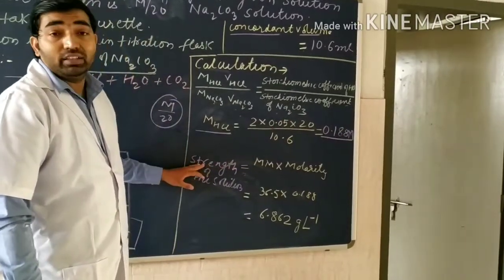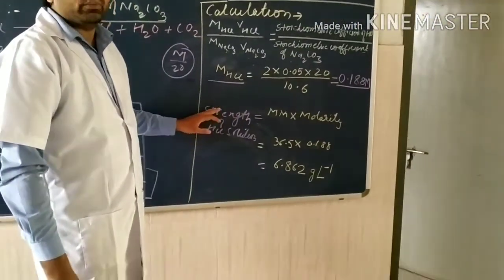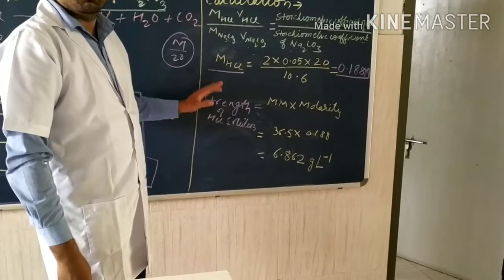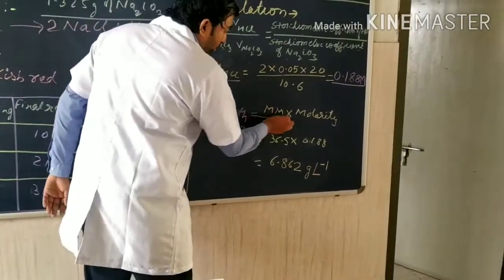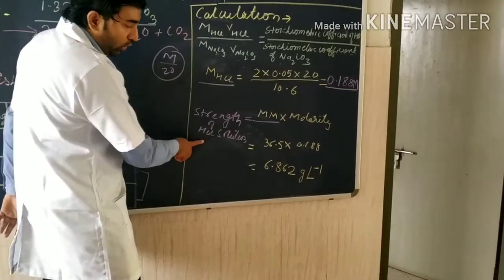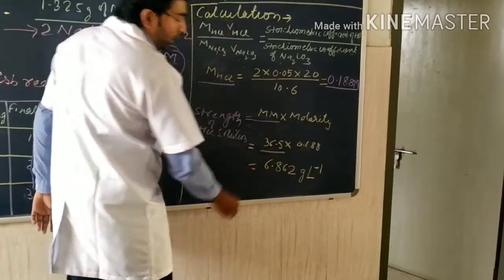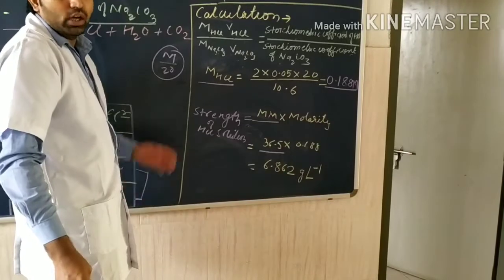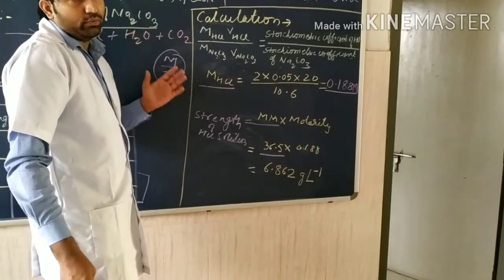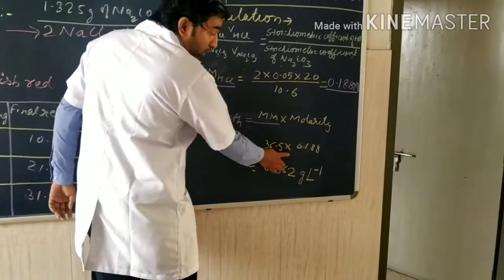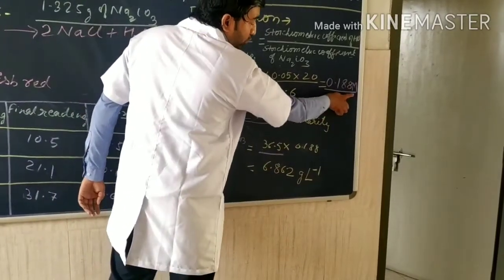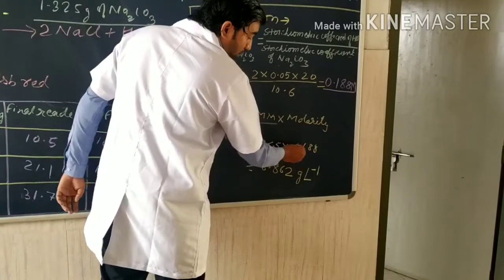Now we have to find the strength of hydrochloric acid, and for the strength the formula is molar mass multiplied by molarity. The molar mass of HCl, as we all know, is 36.5: 35.5 of Cl and 1 of H. When we add this, we get 36.5 into molarity, which is 0.188.